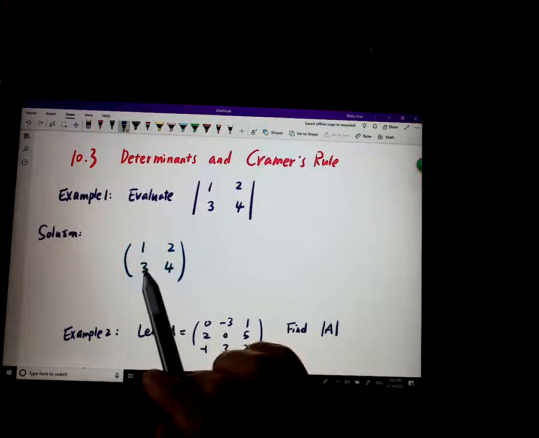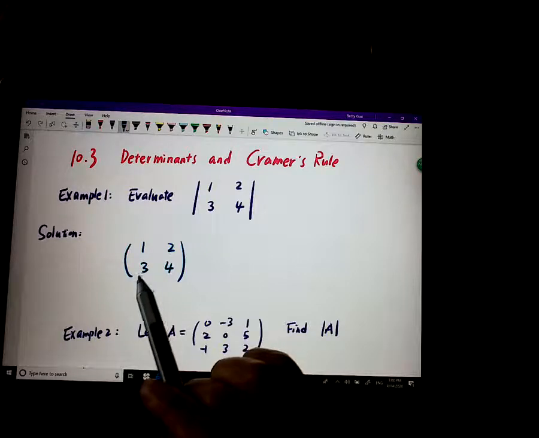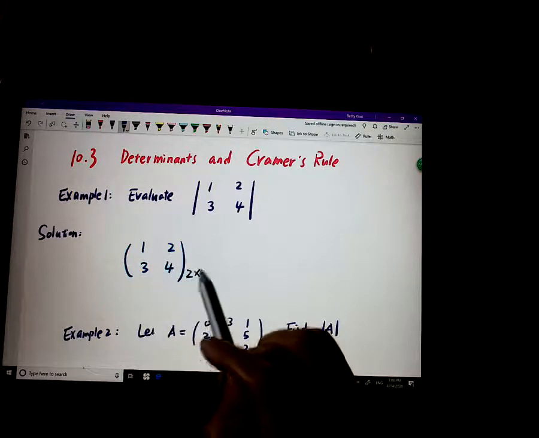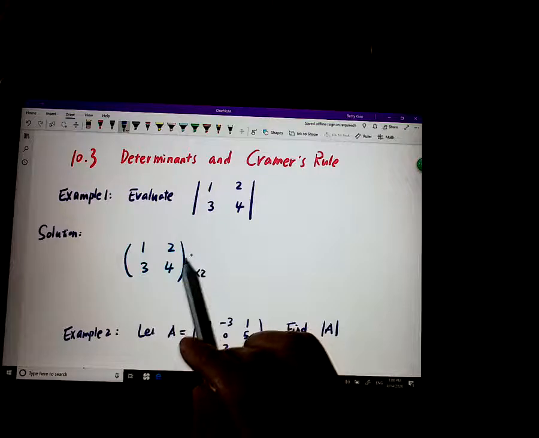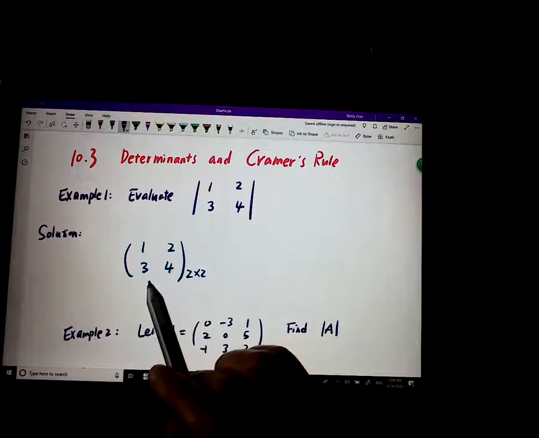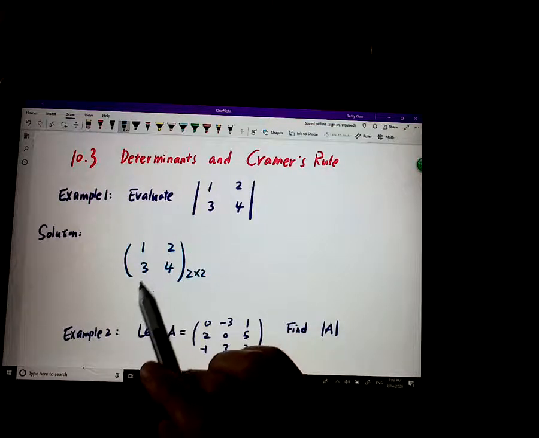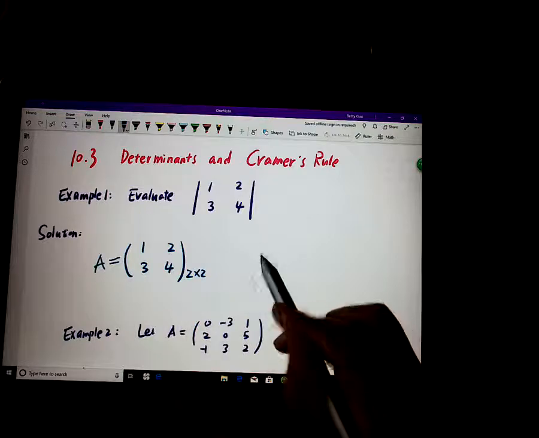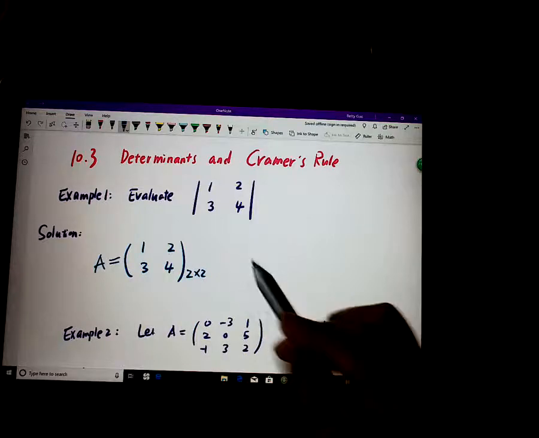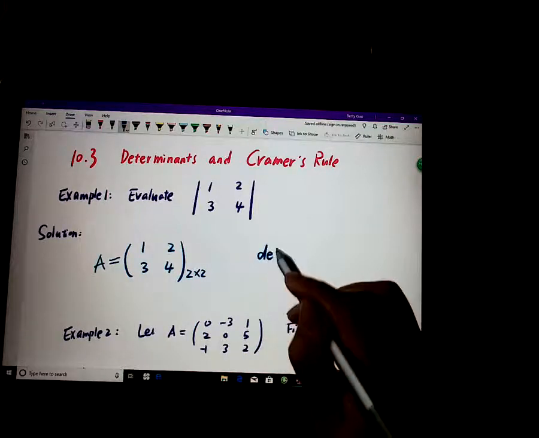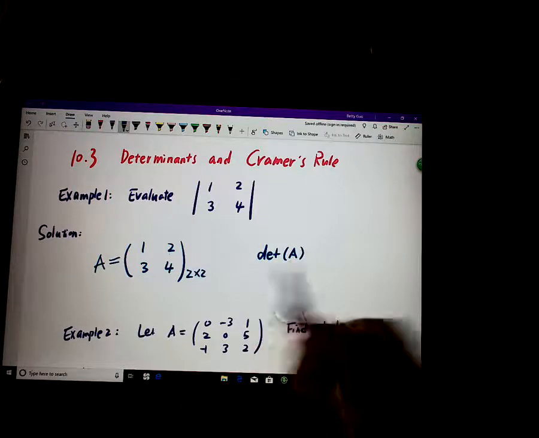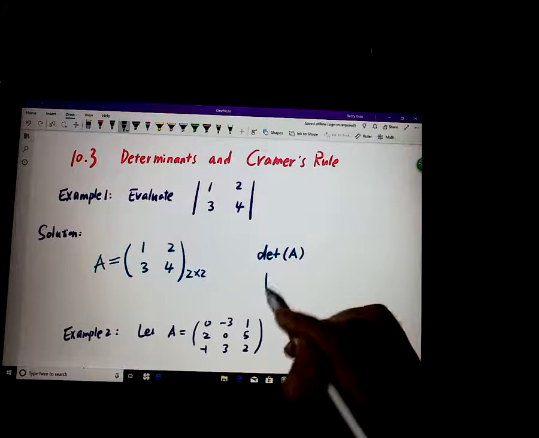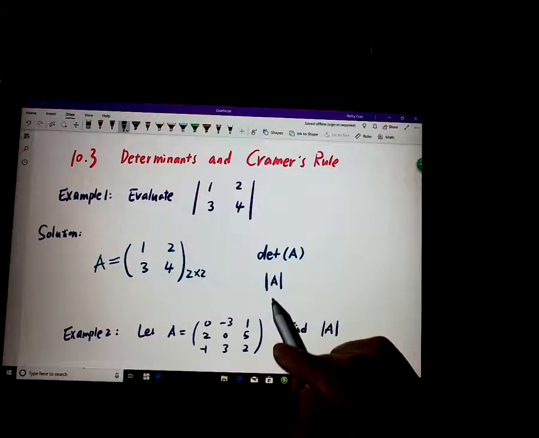Because this matrix is a square matrix, it means the number of rows and the number of columns are equal to each other. We are able to define the determinant of this matrix. If we let the matrix be A, then we are able to define the determinant of A. That's the notation, or determinant of A. By the way, this is not an absolute value.